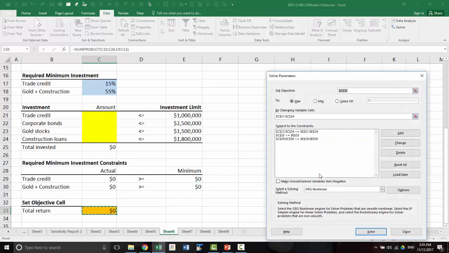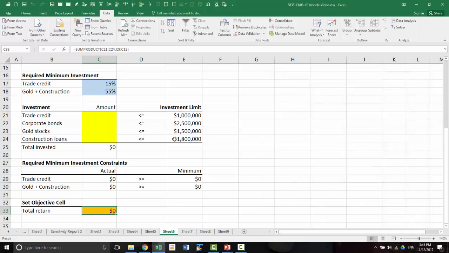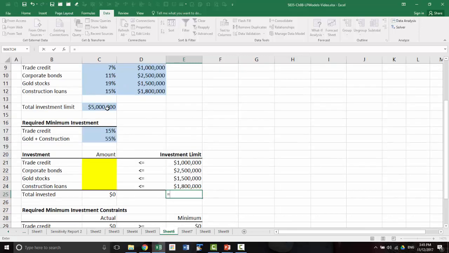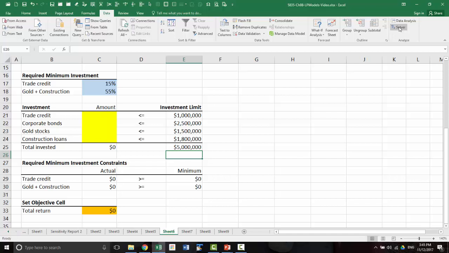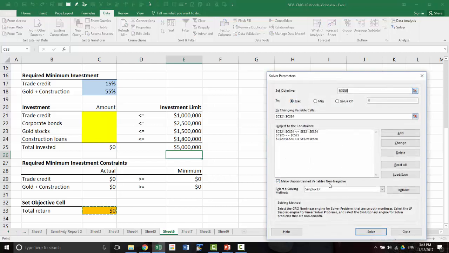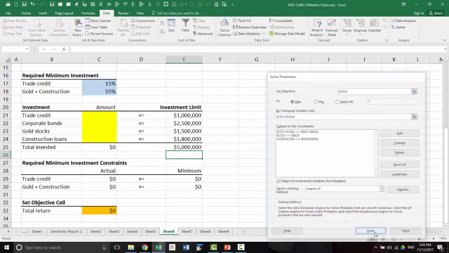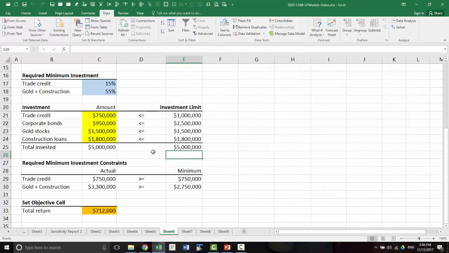Click OK. All right, so that and that. Now let's close this and set this up. Now we go back into Solver. Everything is set up correctly, and click Solve. So we have the answer.